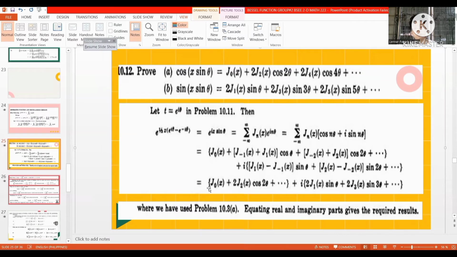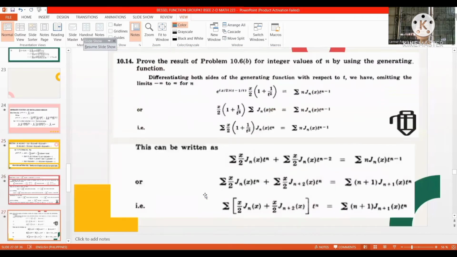And this is equal to J_0(x) + 2J_2(x) cos 2θ, and so on, plus i[2J_1(x) sin θ + 2J_3(x) sin 3θ], and so on.